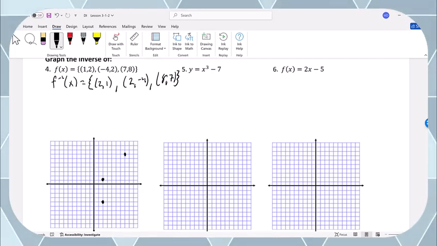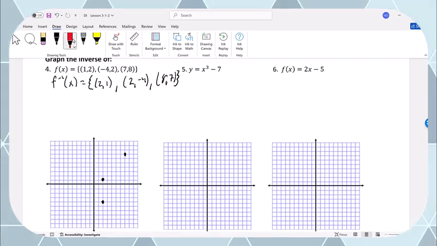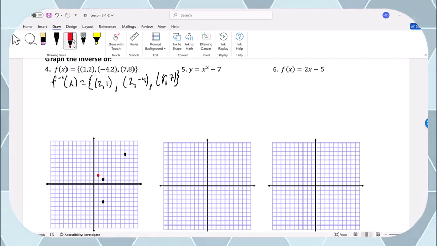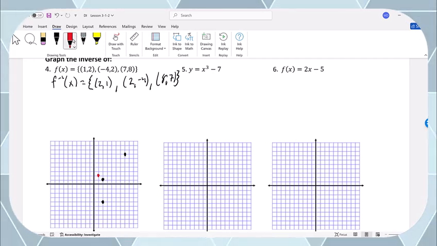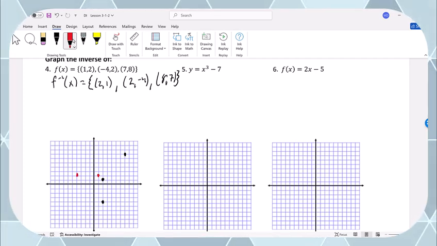Now, just to kind of show you, if I were to graph the original, so that's going to be (1, 2), (-4, 2), and (7, 8).